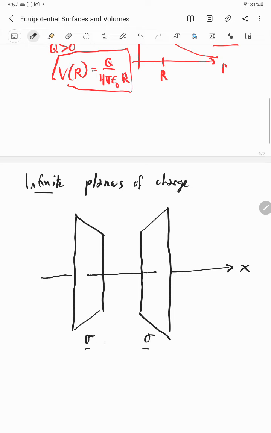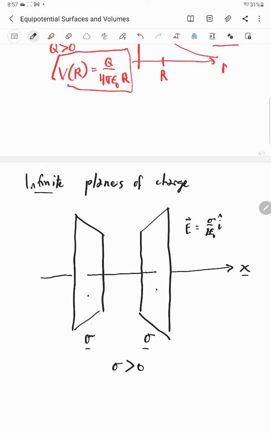They have uniform charge densities, so the electric field out here on the right-hand side of both planes is sigma over 2 epsilon naught i hat, in the positive x direction. Let's say sigmas are positive.